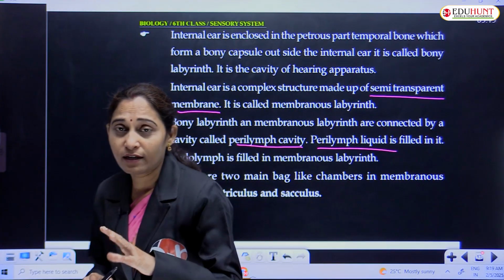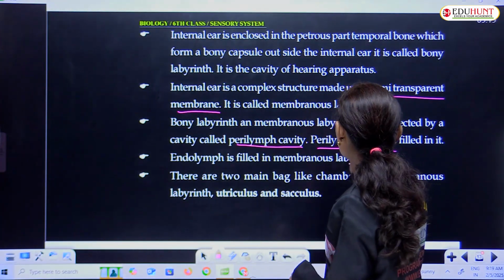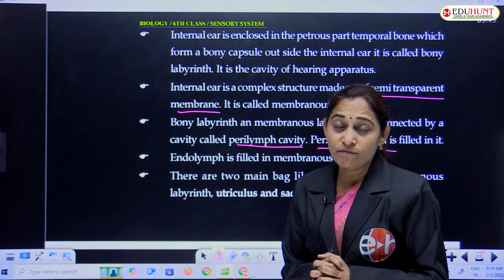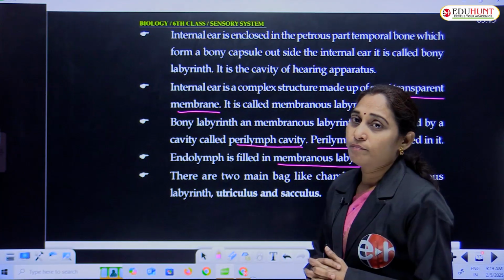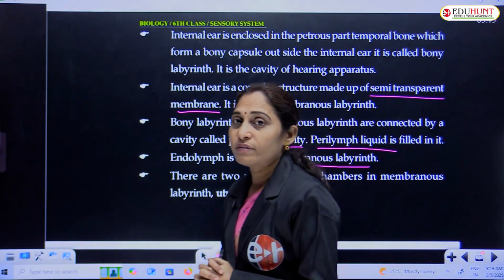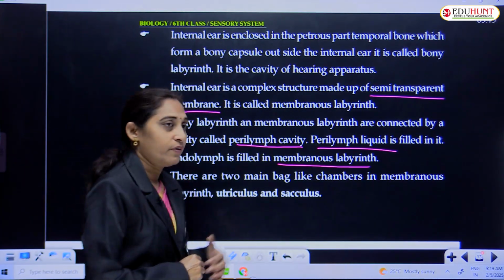This perilymph cavity is not a space, it's not like an empty cavity, it is filled with a fluid called perilymph. And endolymph is the another fluid filled in the membranous labyrinth, filled with the fluid called endolymph.